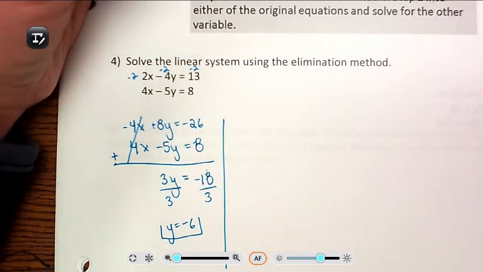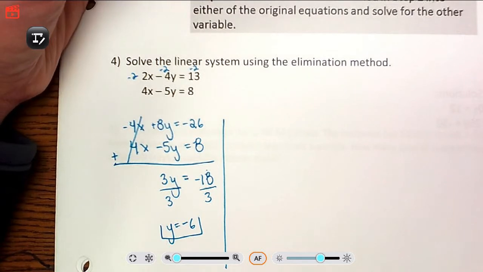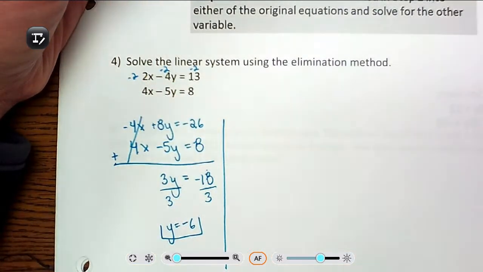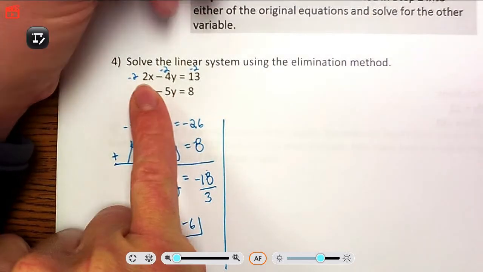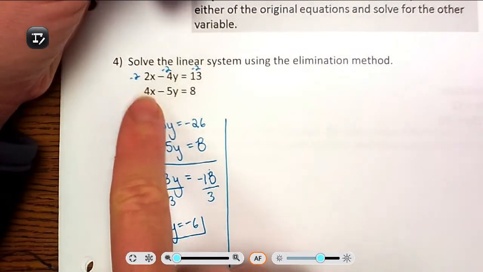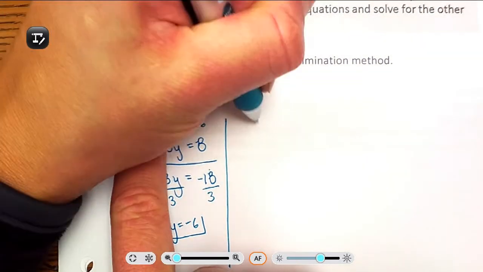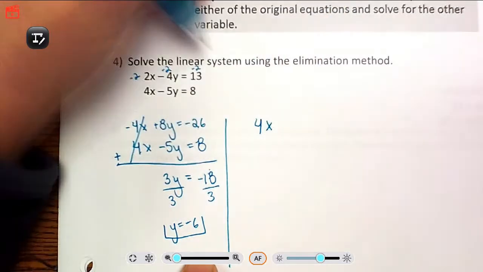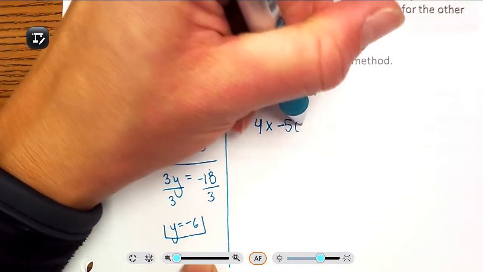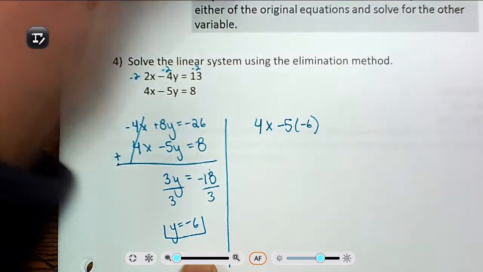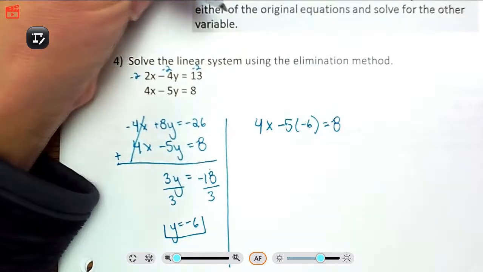Your second variable takes just a little bit of wrestling, because I don't have an equation that already has the first variable solved for, but that's okay. So I'm just going to choose either equation. Let's say I like the b equation. 4x minus 5y, which is negative 6, equals 8.